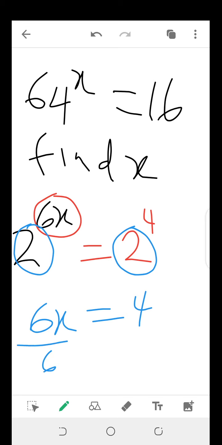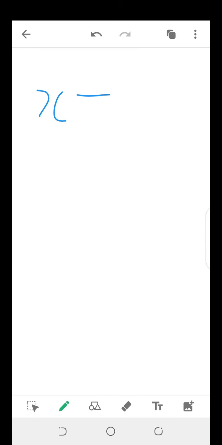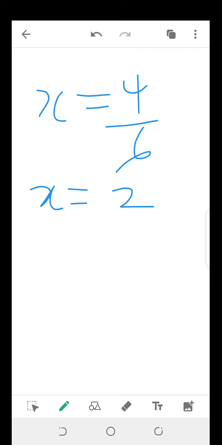So 6 will cancel 6 and we'll have x equal to 4 over 6. But 2 can divide 4 and give us 2, and 2 divides 6 and gives us 3. So x is equal to 2 over 3.